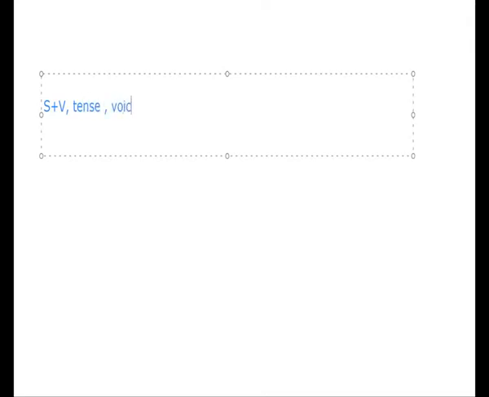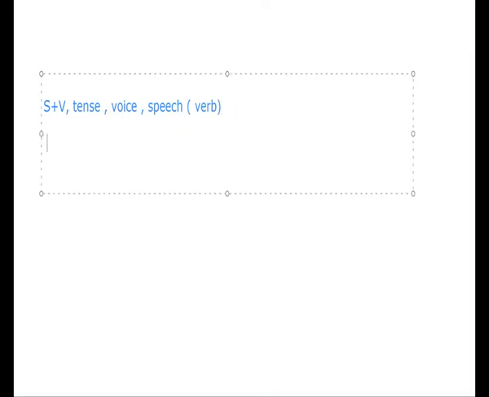Then voice. Then speech. In other words, all these four are indirectly dealing with the verb. Okay, verb related errors. If I have no problem with this, then I will check whether the sentence is balanced or not.